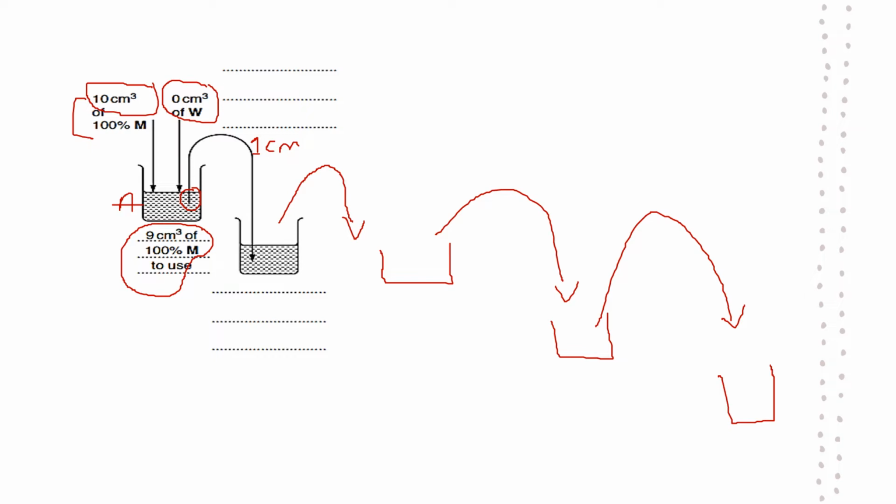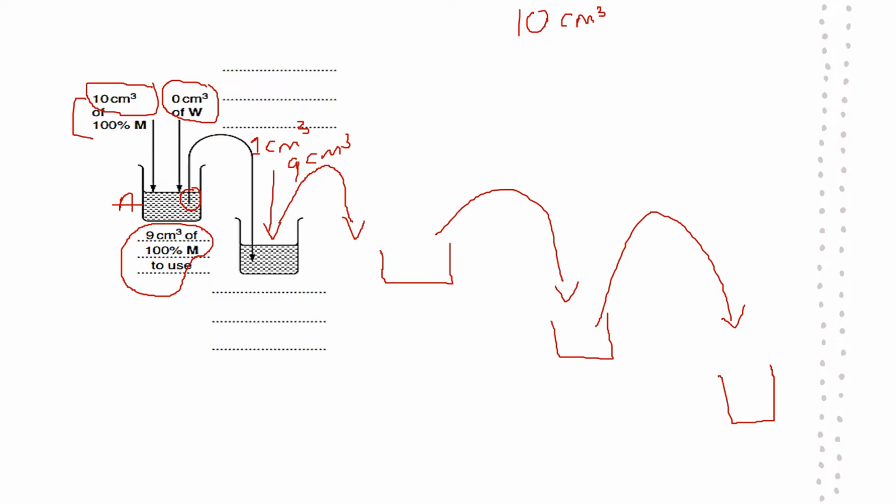And if the final volume is going to be 10 cubic centimeters, that means you add over here 9 cubic centimeters of water. Obviously, I've done this to show you that CIE actually already tells you in a way what you should do.